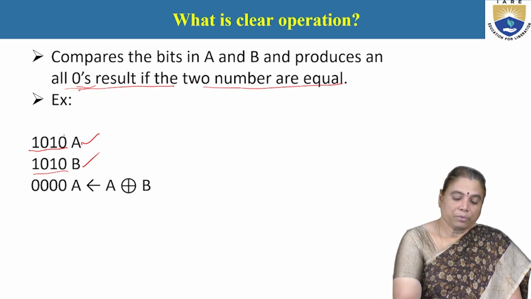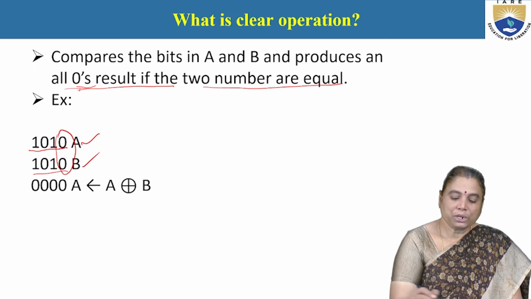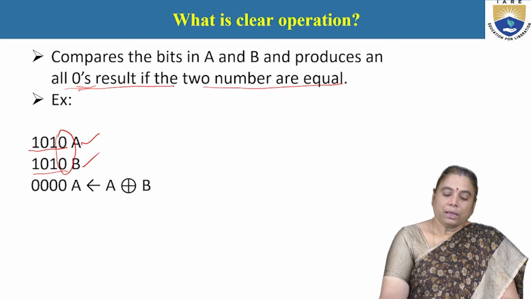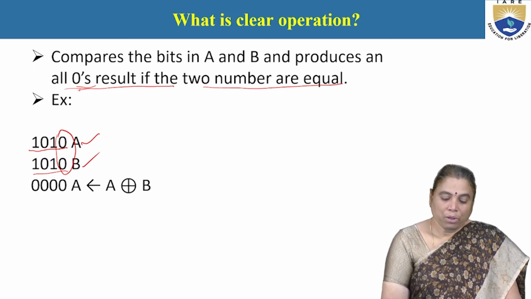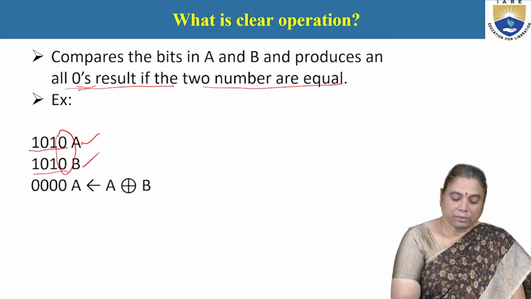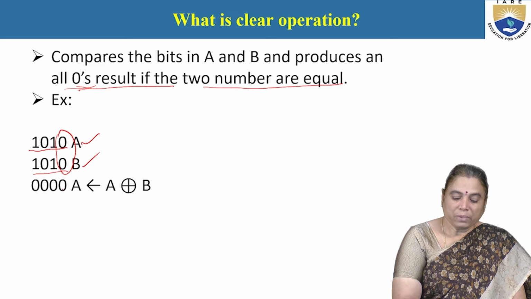So the 0th bit of A and the 0th bit of B are taken and a comparison is made. The 0th bit of A is 0, the 0th bit of B is 0, so the result register value is 0.